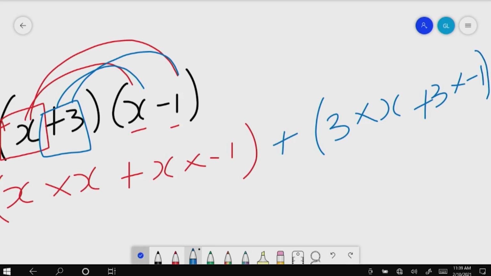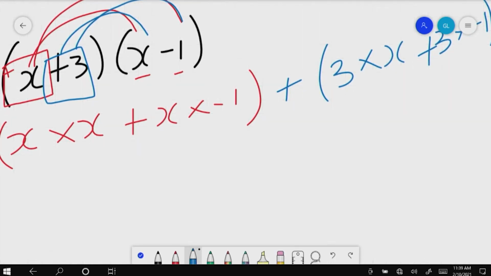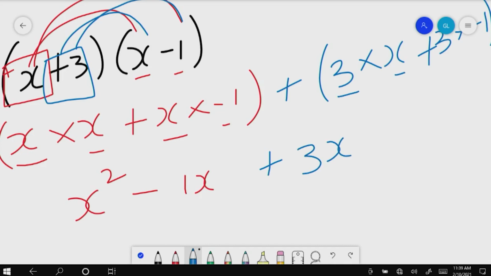In simplifying the expansion, x by x gave us x squared, x by minus 1 gave us minus 1x, plus 3 times x gave us 3x, plus 3 times minus 1 gave us minus 3.